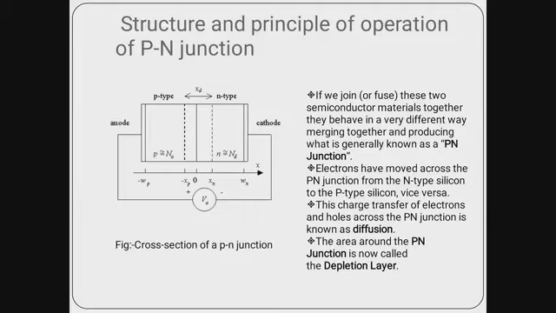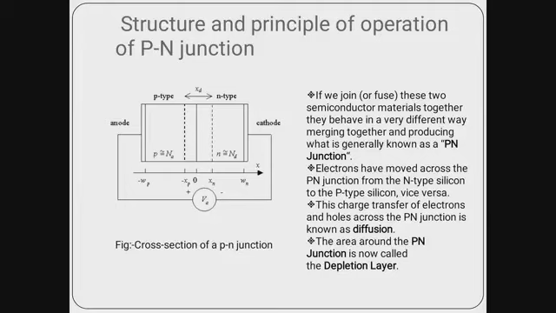What kind of operation basically happens due to this formation of the PN junction? We have to know, when n-type and p-type semiconductor materials are first joined together or fused together, a very large density gradient exists between both sides, the P side and the N side.